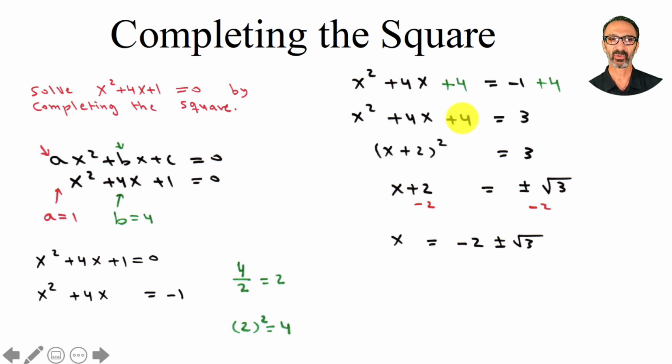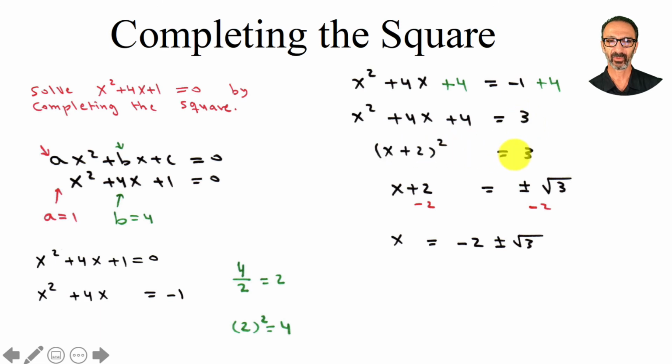This will be a perfect square, and this is what I mean. This is factorable to x plus 2 to the second. That means it's a square, if you graph it, of length x plus 2 and a width of x plus 2. That's what we mean by perfect square. On the right side, negative 1 plus 4 is 3.